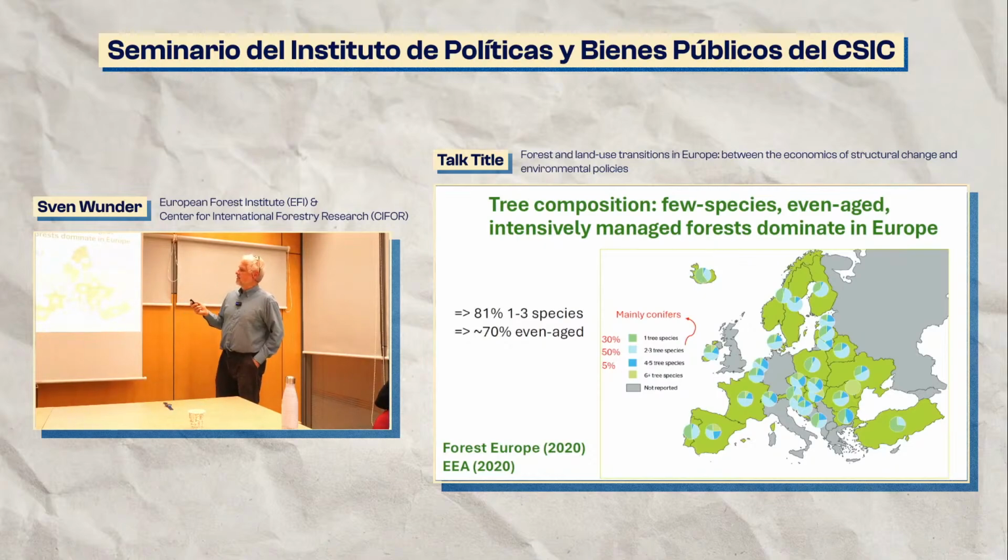If we look at the tree composition, a lot of forests in Europe are even-aged with relatively few species, and many of them are quite intensively managed. That goes for most of Europe.